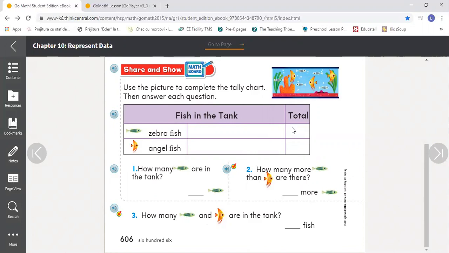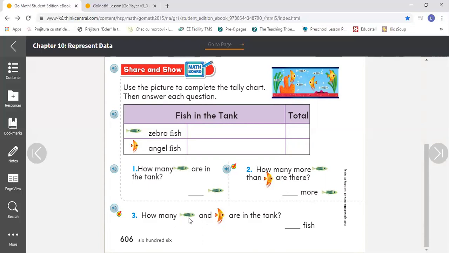If we have 5 zebra fish and 3 angel fish, if we want to find out how many more zebra fish, we have to do subtraction. 5 minus 3 equals 2. Yes, because there are 2 more extra zebra fish than angel fish. 2 more.